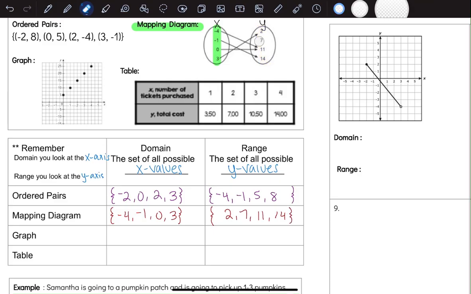All right, let's go to the graph. For the graph, we have distinct points, which is exactly what a discrete function is. It just gives you specific points. So we're going to look at each of the points and determine what our x values are first for the domain, and then we're going to look at the y values to determine the range.